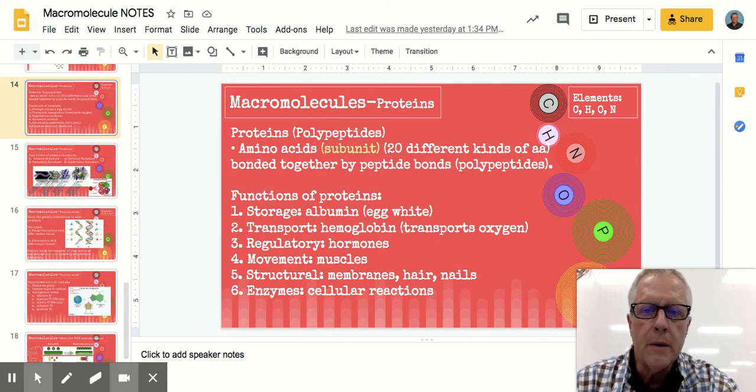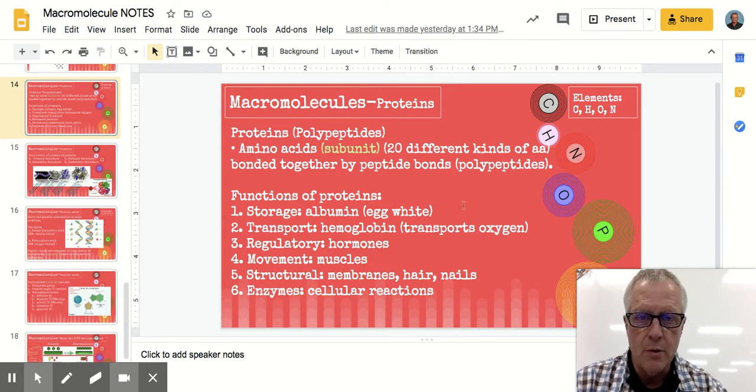Hey everybody, continuing with our macromolecule slideshow, there's two more major groups of macromolecules in living things, organic molecules, we want to take a look at. The next one is proteins. And proteins, you may be familiar with in the sense that, when we eat food, one of the things that we want to take in is protein because it makes up our muscles, many functions in the human body.